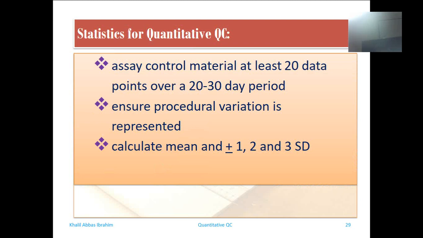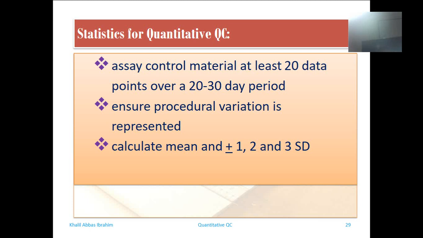Statistics for quality control. First of all, you need to assess the control material at least 20 times, as we said before, and collect the 20 data points throughout 20 to 30 days. Then you have to ensure that the procedural variation is represented.